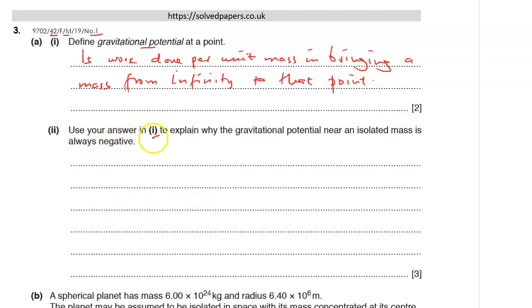Use your answer in part 1 to explain why the gravitational potential near an isolated mass is always negative. Gravitational force is always attractive, we know that, but we are talking about gravitational potential.